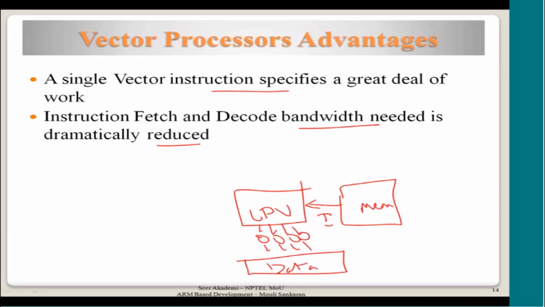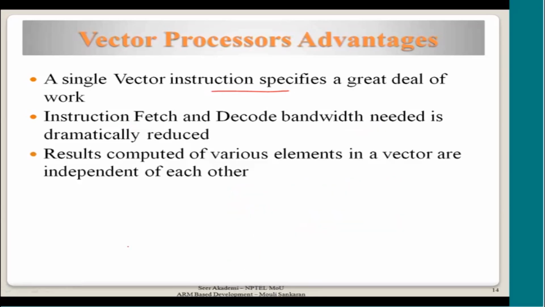The instruction fetch need not be so fast. The speed of the memory need not be very fast, because we are getting multiple operations done at the same time with a single instruction. So the instruction fetch and decode bandwidth is dramatically reduced.